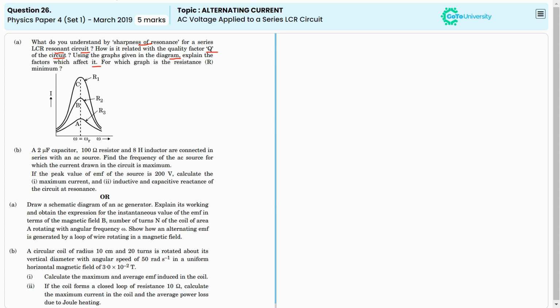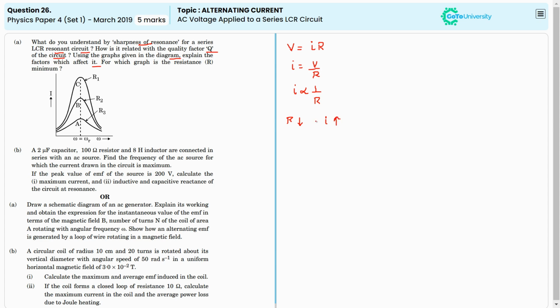We know that V is equal to I times R, so I is equal to V by R. That means I is inversely proportional to the resistance. When R decreases, automatically the current will increase.